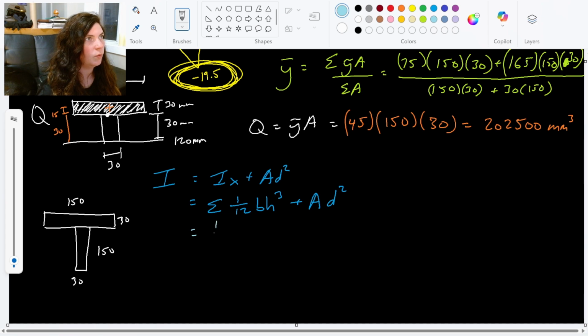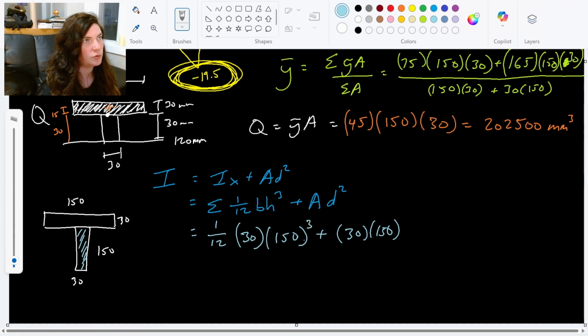So, 1/12, and then my bottom rectangle. Base is 30, height is 150, plus the area is 30 times 150. Oh, sorry, 150 cubed, my bad. 12 times 30 times 150 cubed, plus the area, 30 times 150, times the distance from the centroid of this shape to the centroid of the overall shape.